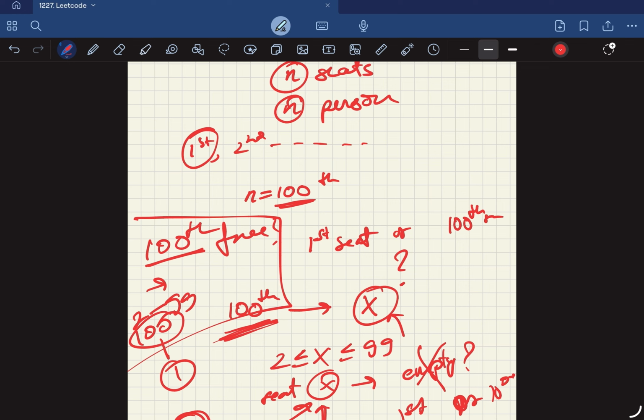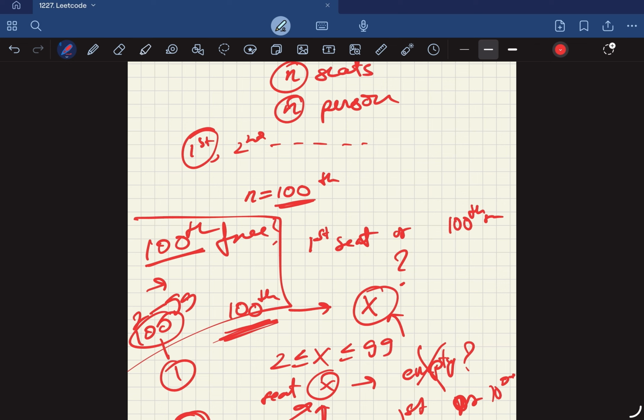Let's suppose this person is Y. So the choice between seat 1 or seat 100 is equally likely for Y. Hence, the probability of Y choosing seat 1 or 100 is 1 by 2. And hence, the probability of the 100th person sitting on the 100th seat is also 1 by 2.